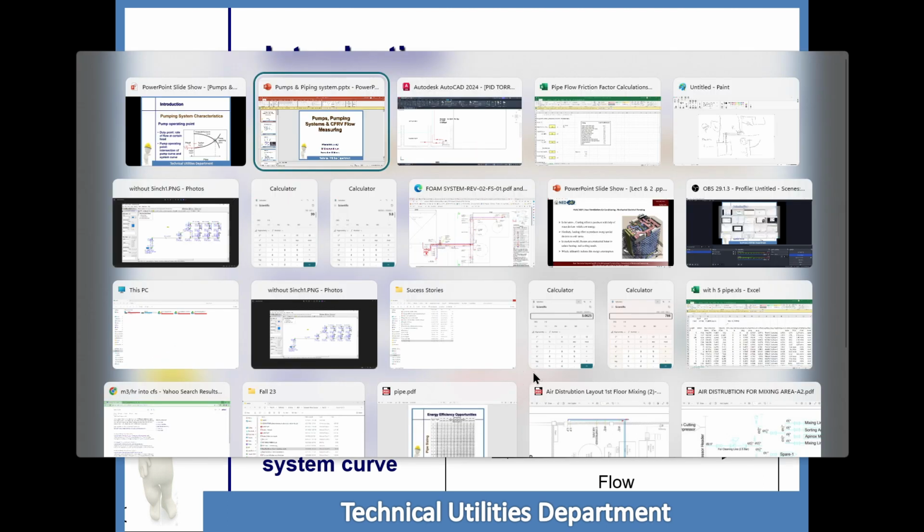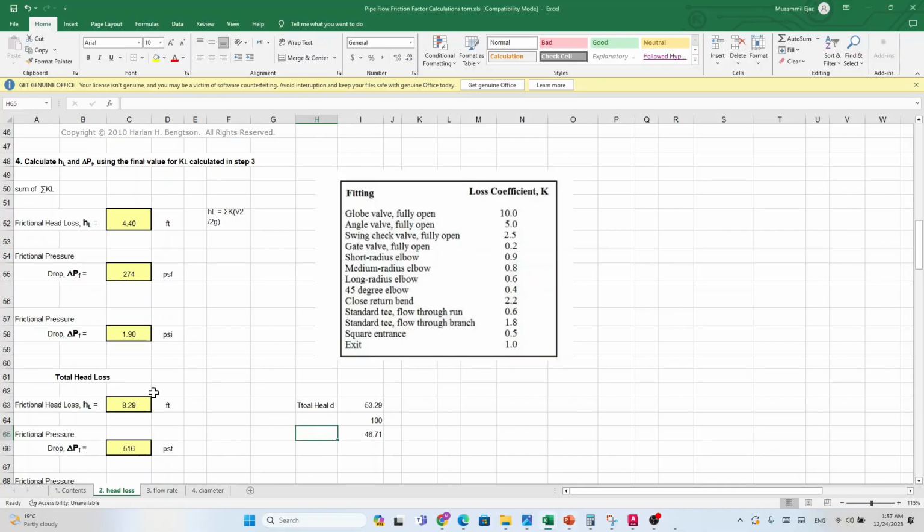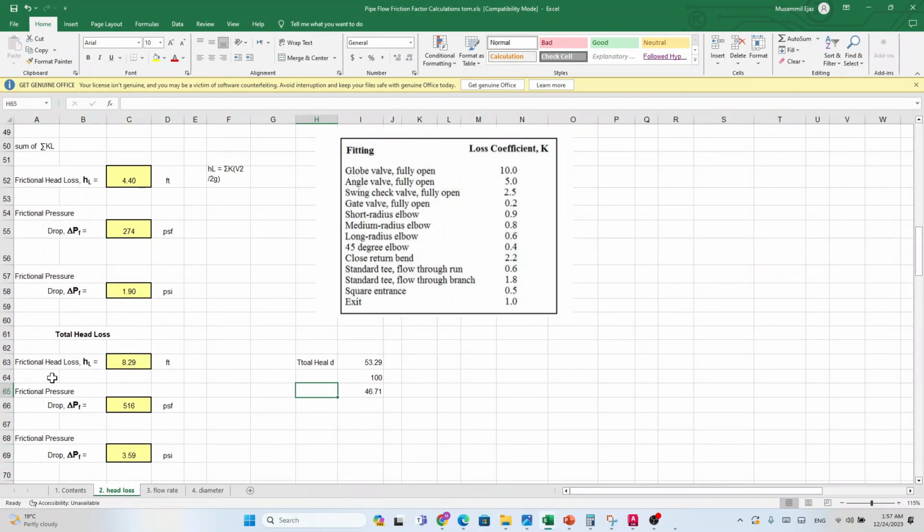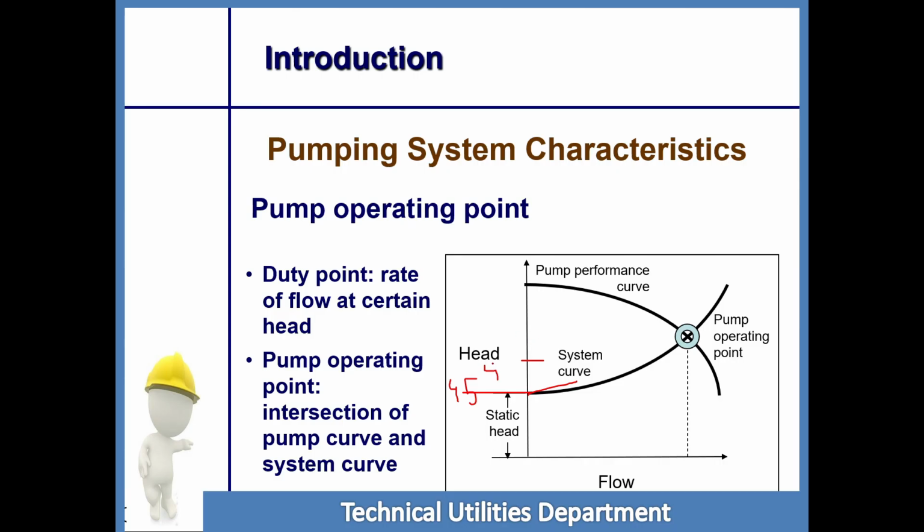No, 48 means 8 minutes. How much loss? 8.29. So it is 53. We have a total static plus dynamic head of 53.